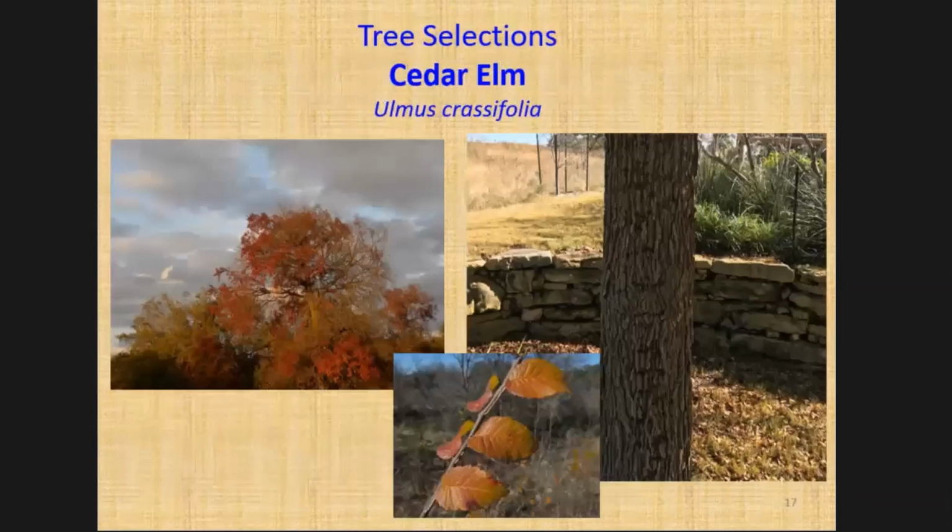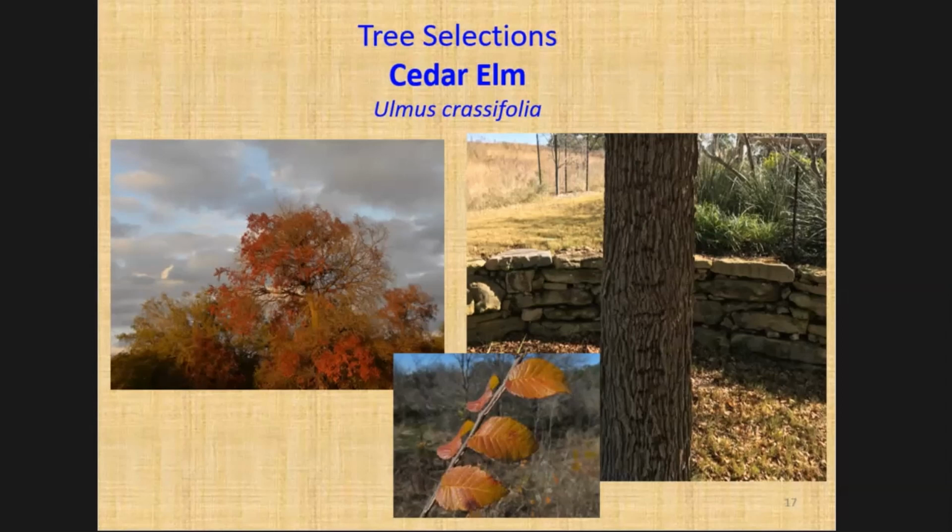The next tree we have is probably maybe the third most popular tree that you see in our Comal County or the Edwards Aquifer: the cedar elm tree. It's a deciduous tree. It grows to be about 50 to 60 feet tall at maturity. It is a type of elm tree, and you can always tell an elm tree because if you look at the base of the leaf of any elm tree, it's asymmetrical.